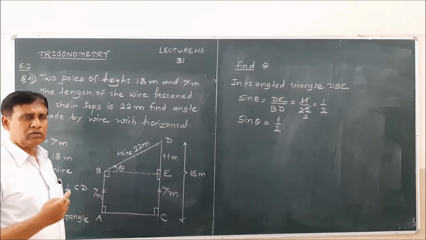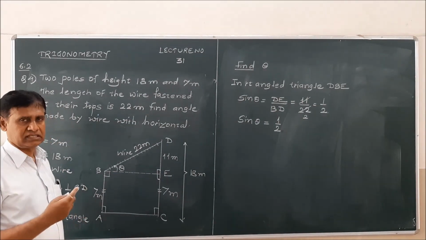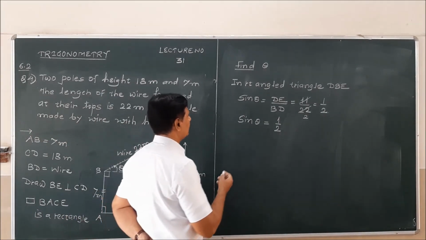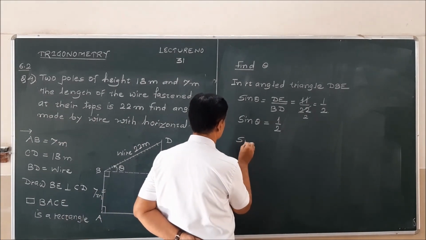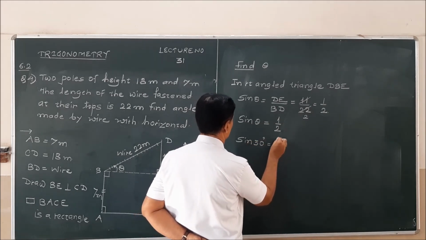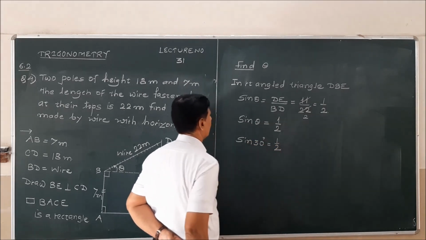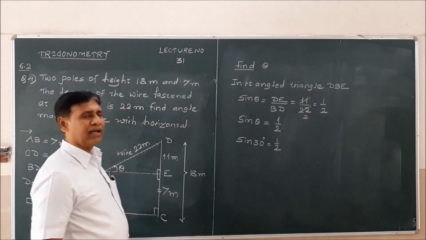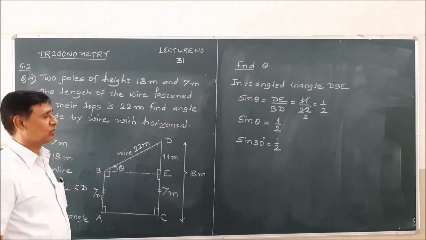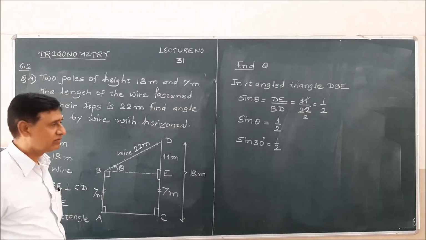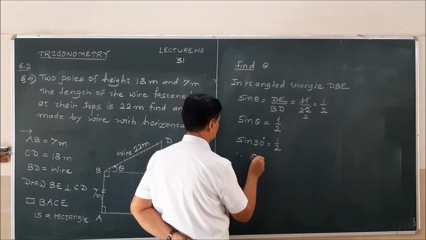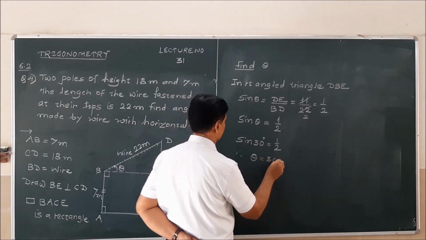If you know the values of all angles in a table, then you will notice, very important, that sine 30 is equal to 1 upon 2. We obtained the value of sine theta as half, but since we know that sine 30 is also half, therefore theta is equal to 30.